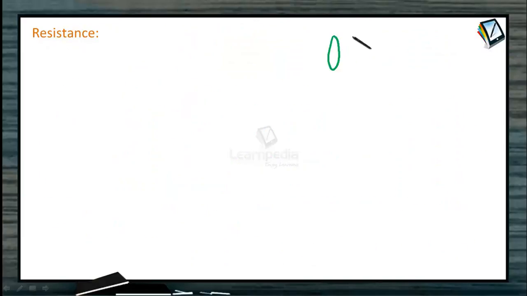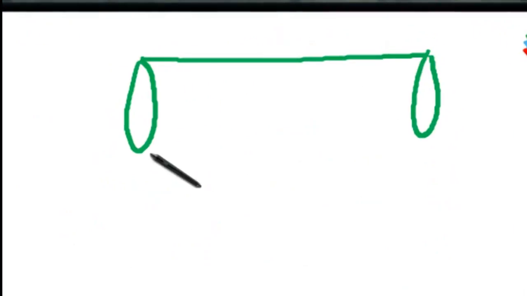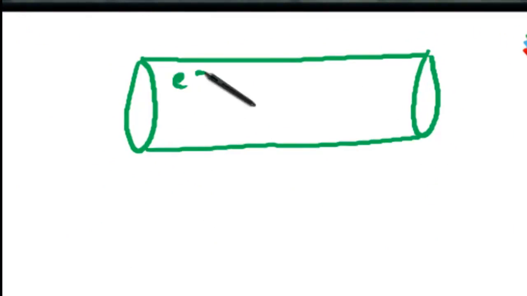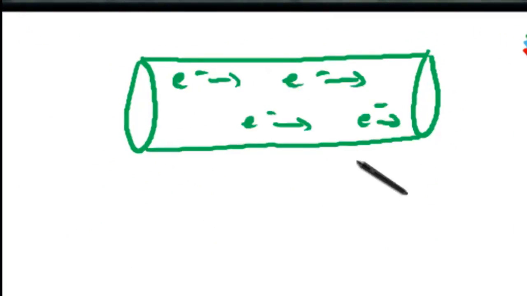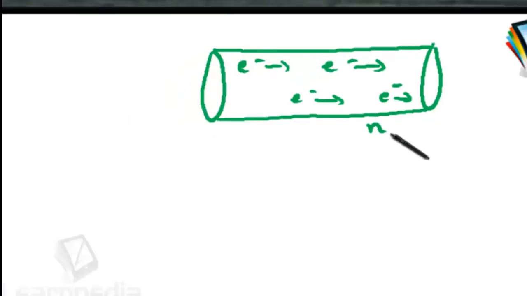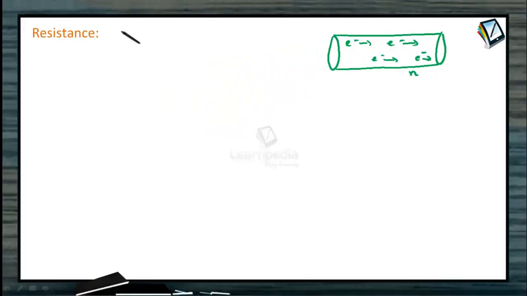Suppose we have taken a conductor like this, where due to electric field these electrons are moving. n is the number of electrons per unit volume drifting. The strength of current I is equal to dq by dt. What is the charge which is flowing? Number of electrons per unit volume, the charge of electron e, into volume, A into dl.